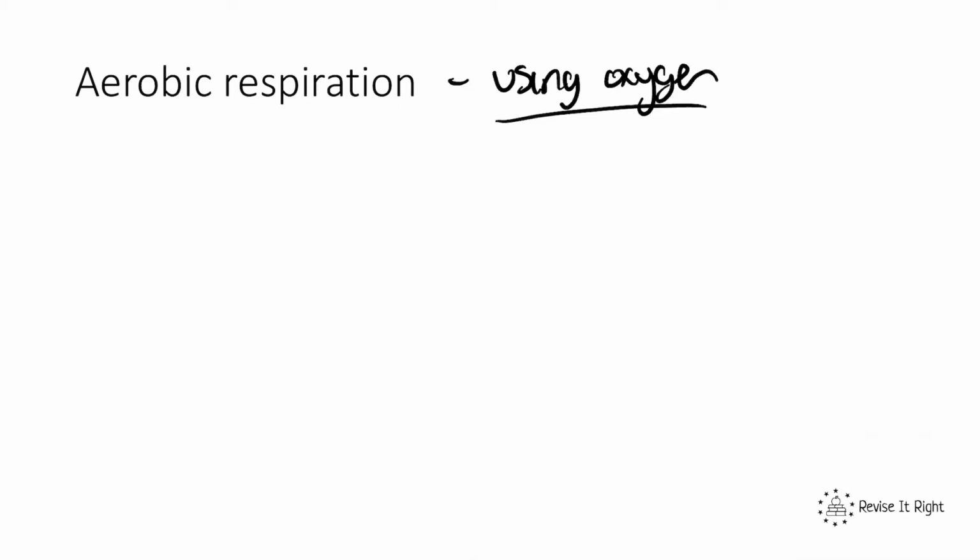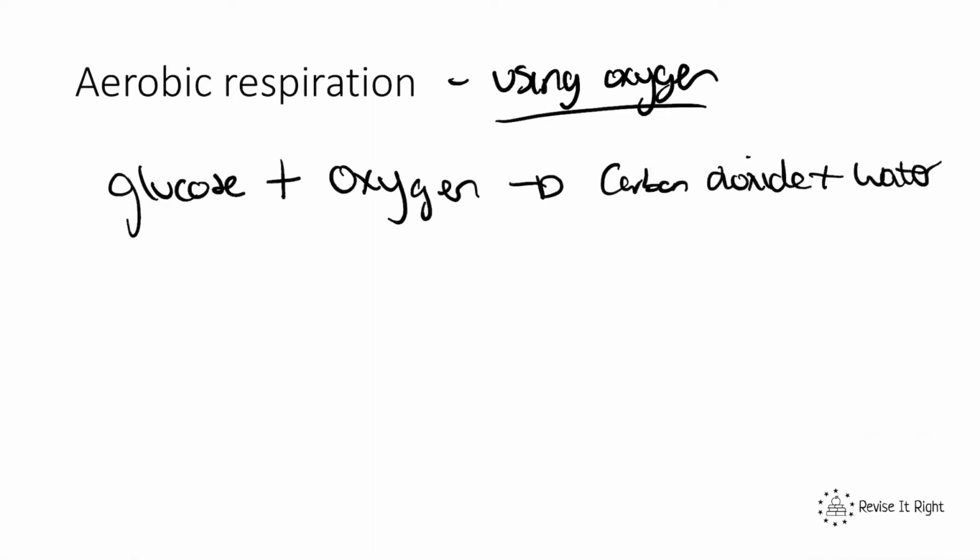So the equation for aerobic respiration is glucose plus oxygen makes carbon dioxide and water. Now, if you really look at that equation, you may notice that it's the opposite of photosynthesis. So photosynthesis is water plus carbon dioxide makes oxygen plus glucose. So it's the reverse of photosynthesis. So glucose plus oxygen gives carbon dioxide plus water, and occasionally you might see in brackets plus energy, as it provides us our energy.